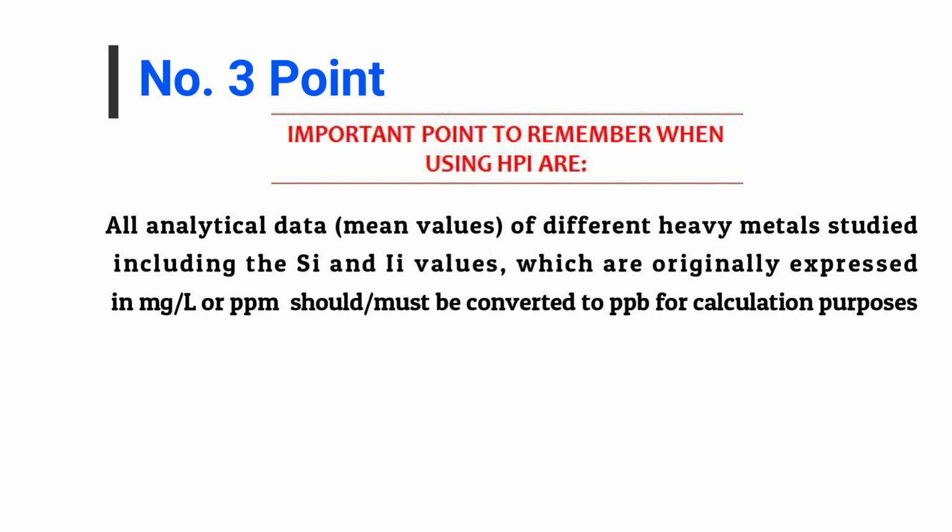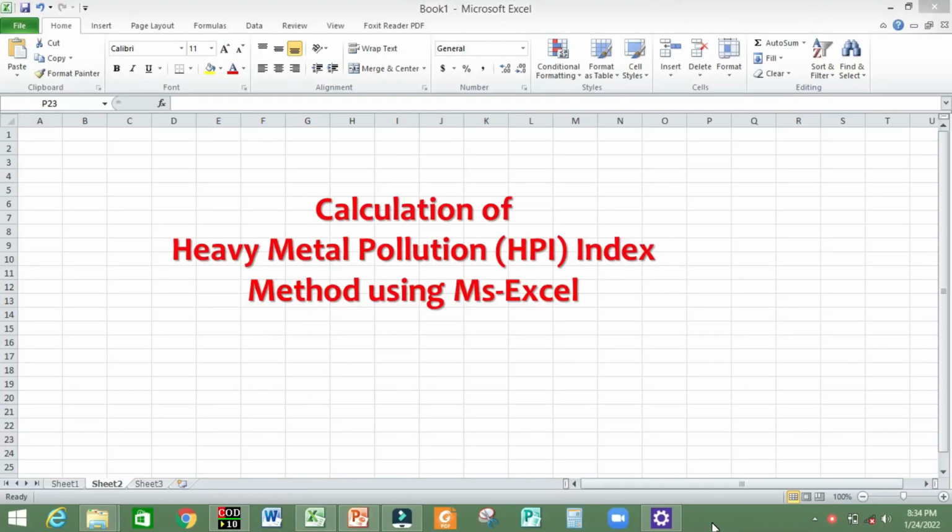This is a very important point to remember, right? So now, once you are clear about the integral components of the HPI method, the next and final stage will be the computation of the HPI using Microsoft Excel.